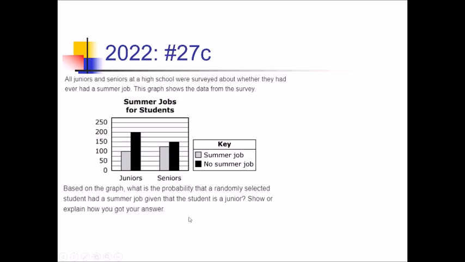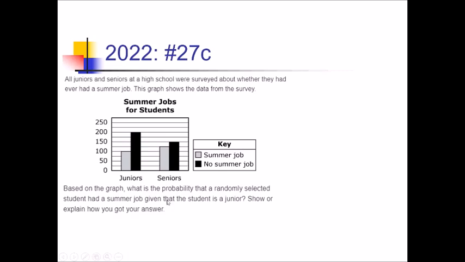For the next part of the problem, this wording is kind of tricky here. They want the probability that a randomly selected student had a summer job given that the student is a junior. So this is some key wording here. If we're given that the student is a junior, then we're not considering all 575 students. We're only considering the juniors.